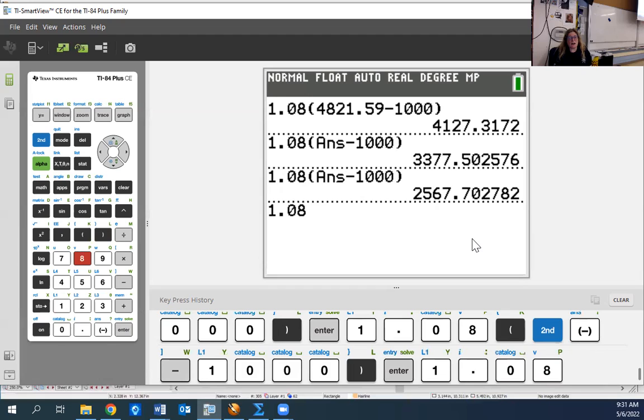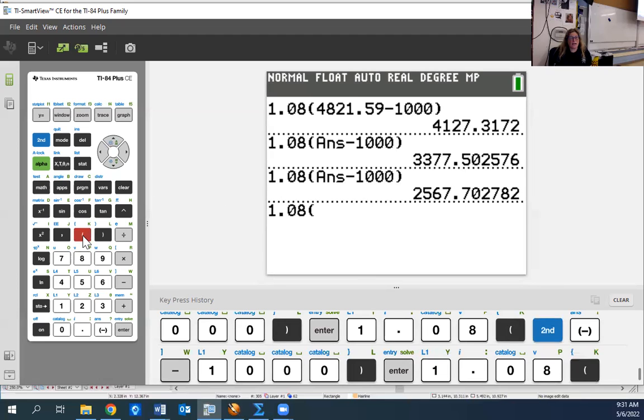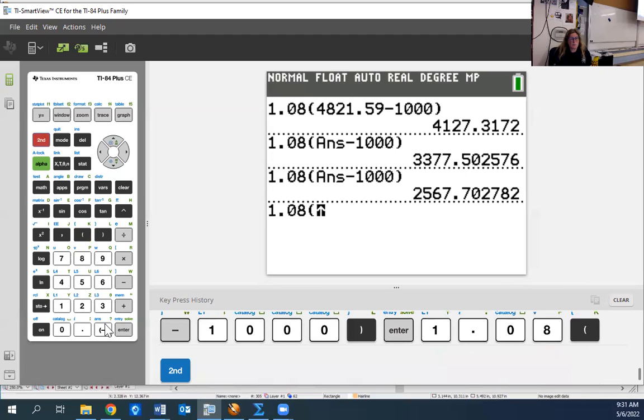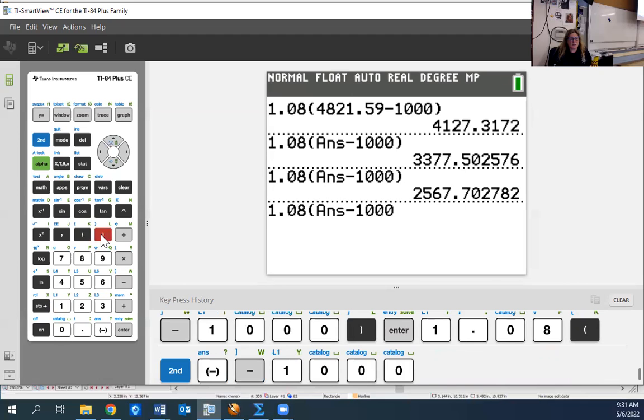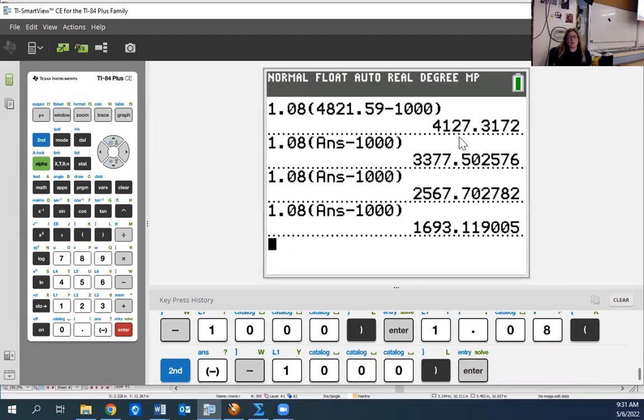I can't do that answer minus 1,000 because I have to take 1.08 of that. If you hit clear and then just hit it. Okay, how many times has it taken me?